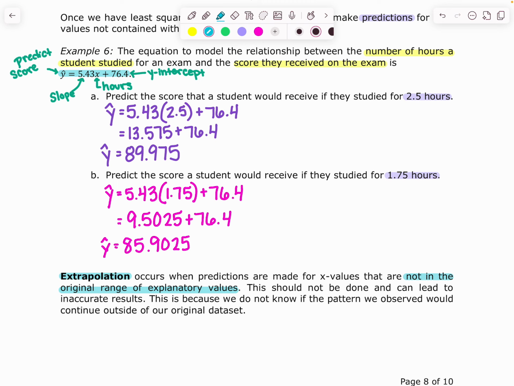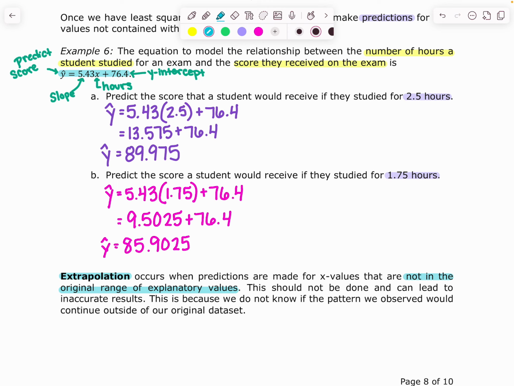So if we only had students that studied between 0 and 4 hours, and I said, well, what if I studied for 6 hours? What would I have gotten then? That would be extrapolation. I don't have data for anyone that studied 6 hours. I only have data that goes up to 4 hours. And 6 is quite a bit different from 4 when we're talking about how long you studied for.